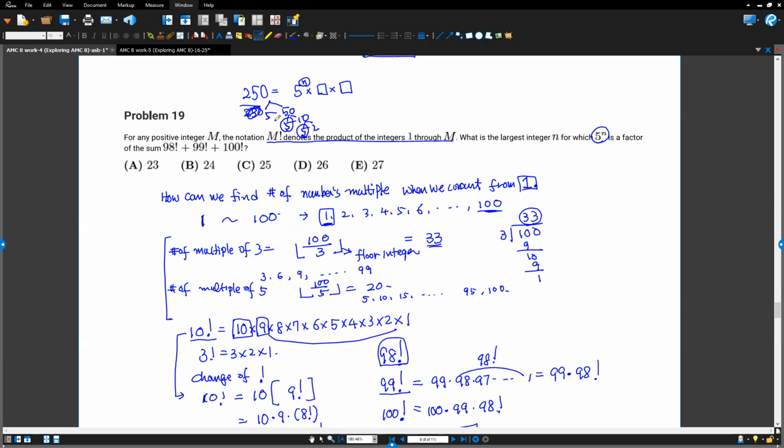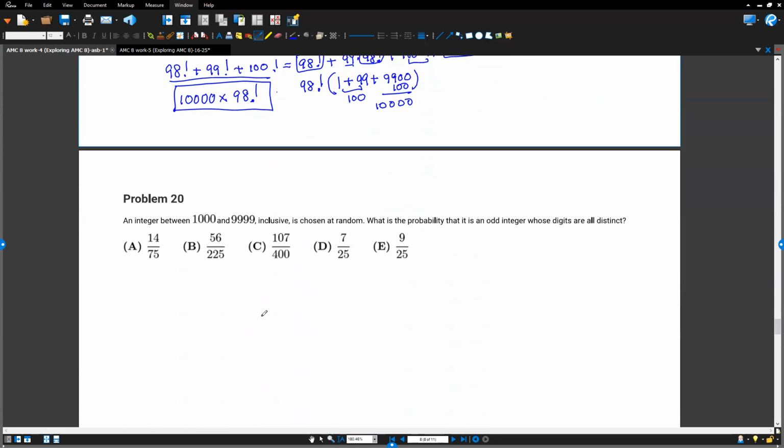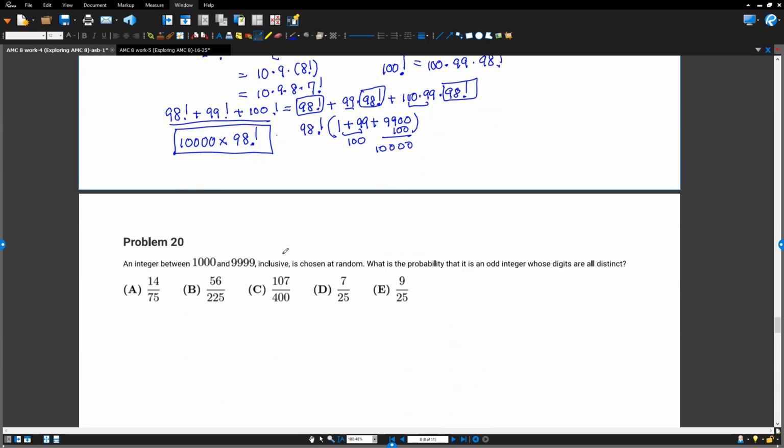That equals 5 cubed times 2. It can be factorized this way using prime numbers. We're going to find the maximum exponent of the prime factor 5.